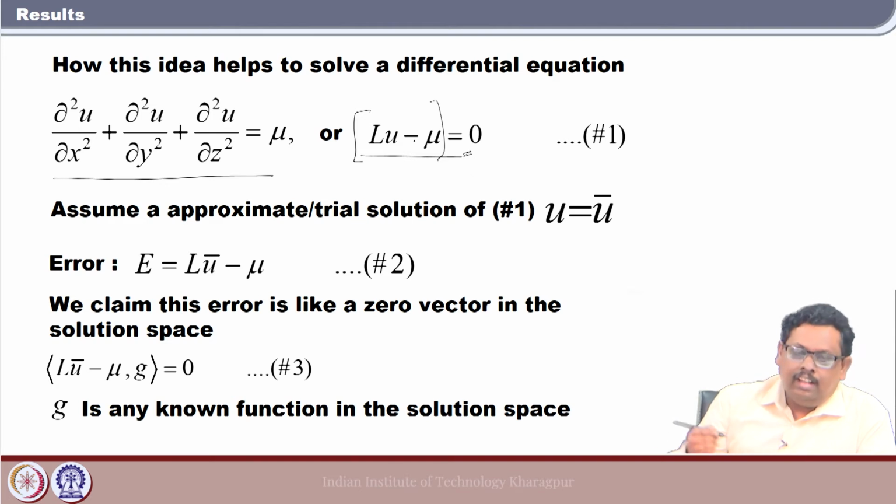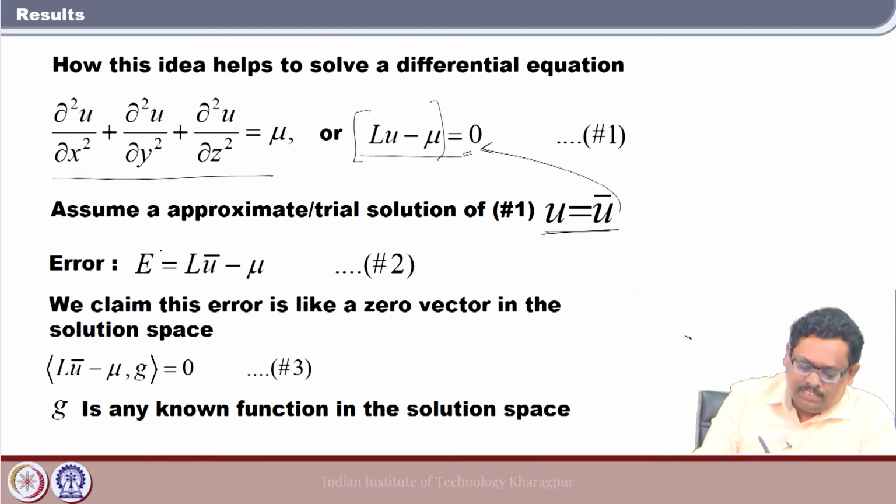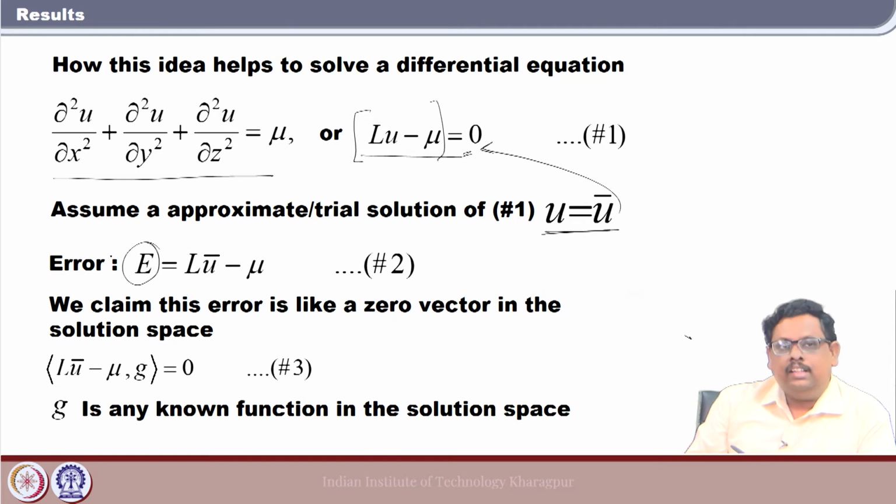Again, I do not want to confuse you with infinite dimensional spaces and all, but let us solve this problem in some numerical or approximate way. So, I assume that u equal to u bar is the approximate solution. Now, the approximate solution cannot be equal to the main solution, so there must be some error, and I can define this error as E.